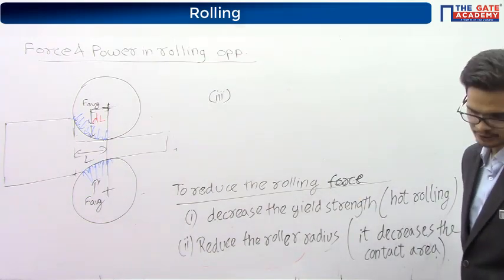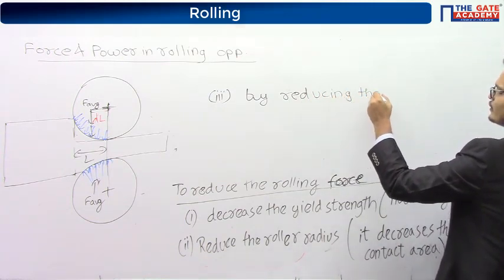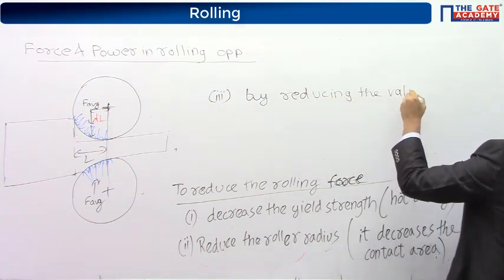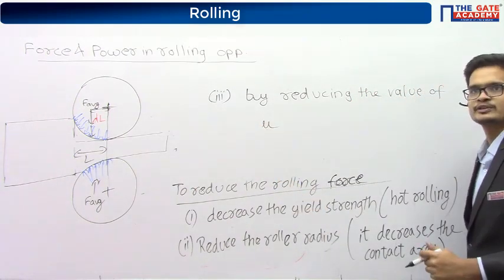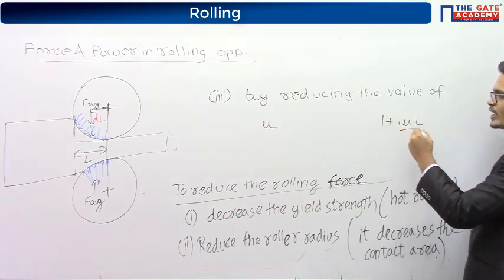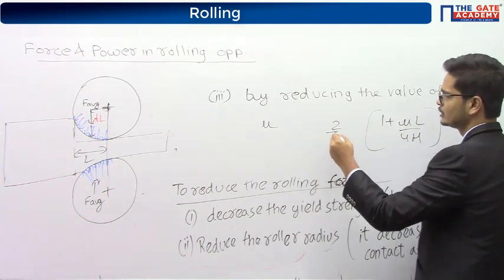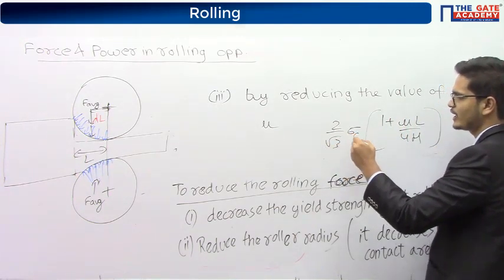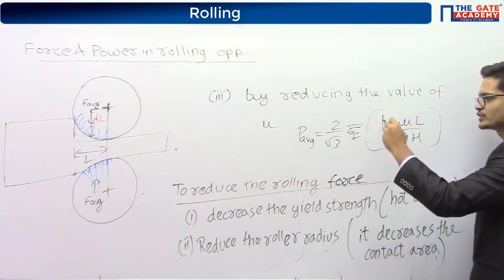Third one is by reducing the value of mu. In the expression you can see there was 1 plus mu L upon 4H. This was the expression for P average, which is equal to 2 by root 3 sigma F bar times that factor.